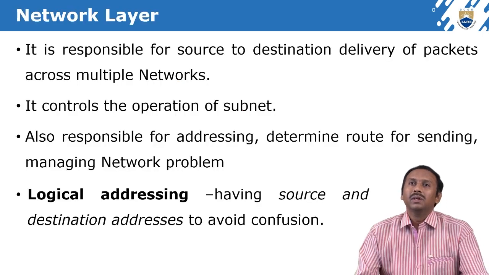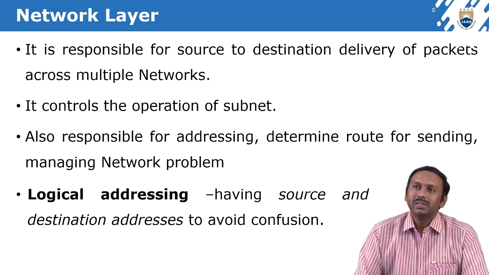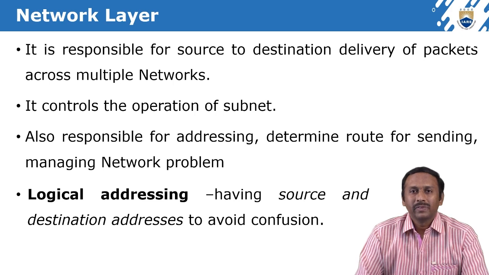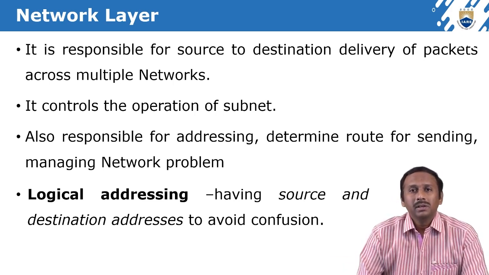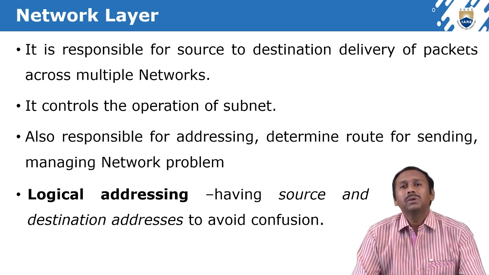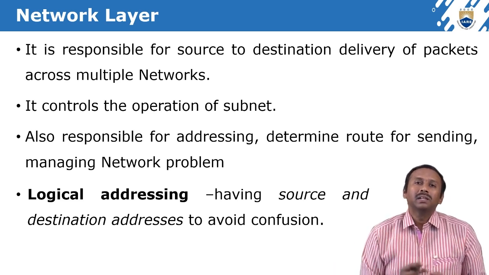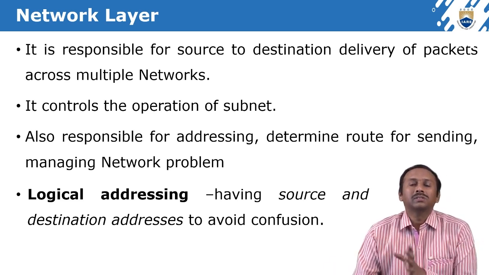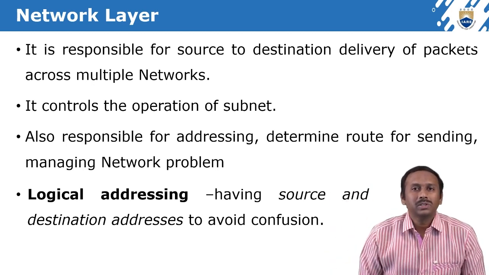The network layer is responsible for source to destination delivery of packets across multiple networks. On the internet, as we already discussed, multiple networks are interconnected. Now we are sending an email to our friend who is in some other country or continent.